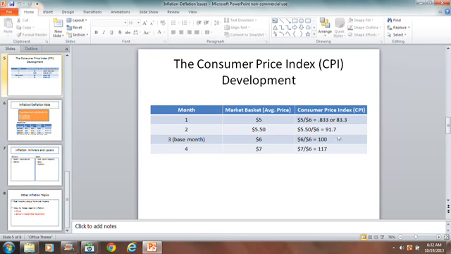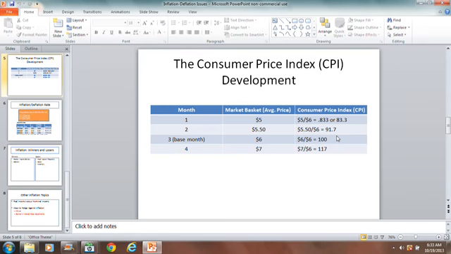For month 2, the CPI was 91.7, and that means that prices for month 2 were about 8.3% lower than they were for the base. If you take 100 minus 91.7, you get a difference of about 8.3%, so it means that prices for the second month were about 8.3% lower than the base.